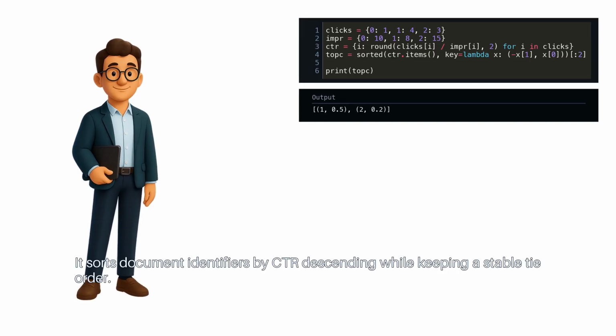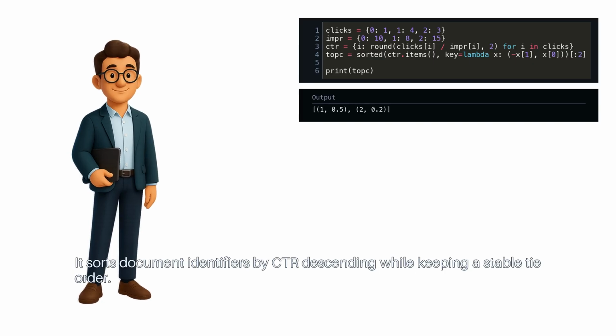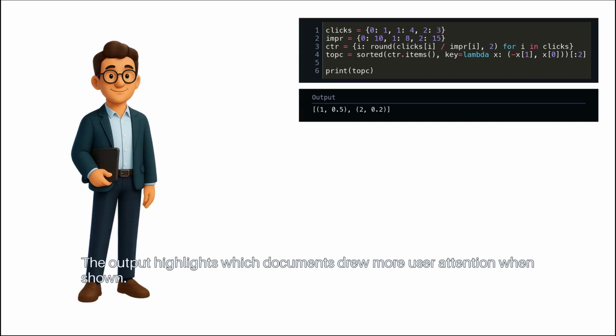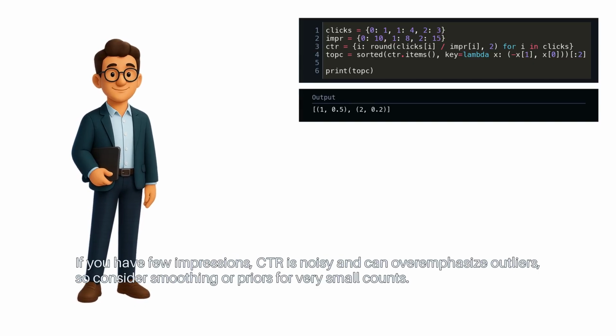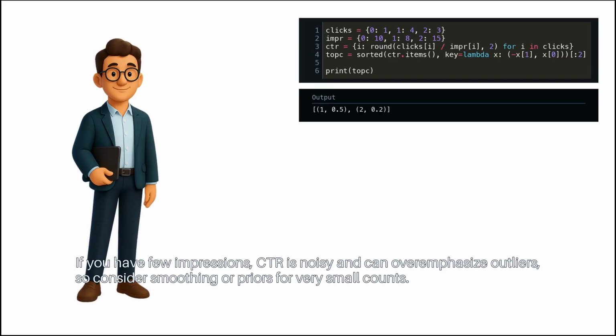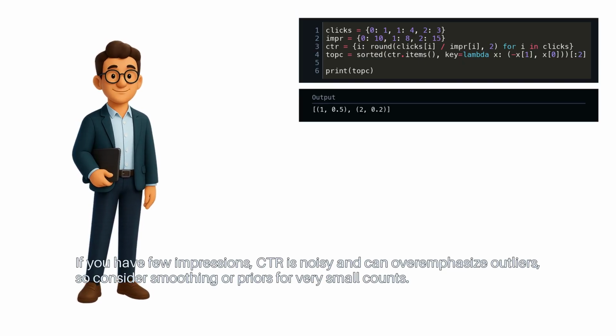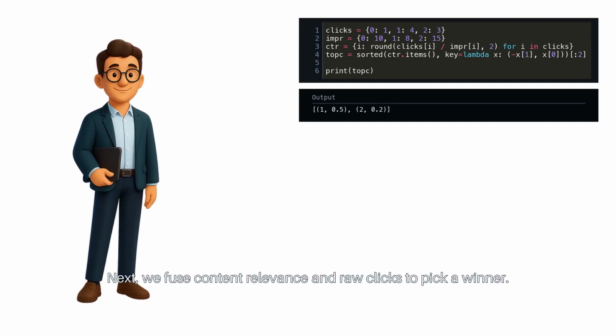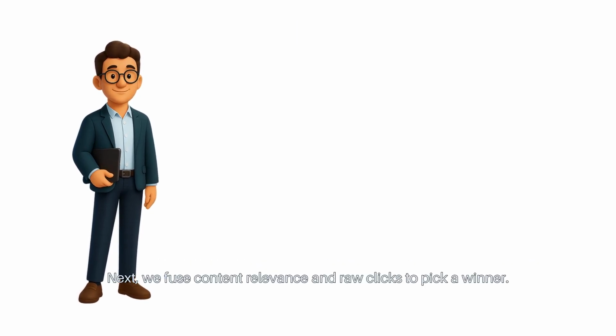It sorts document identifiers by CTR descending while keeping a stable tie order. The output highlights which documents drew more user attention when shown. If you have few impressions, CTR is noisy and can overemphasize outliers, so consider smoothing or priors for very small counts.